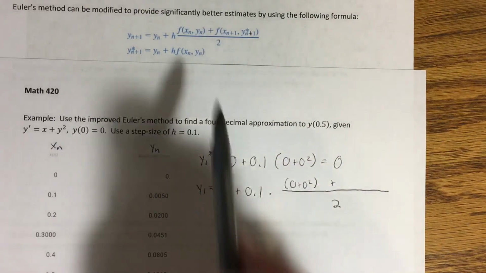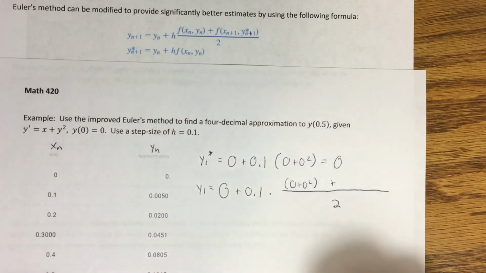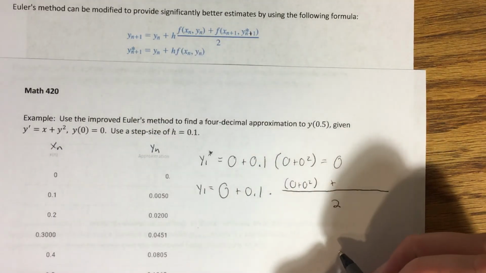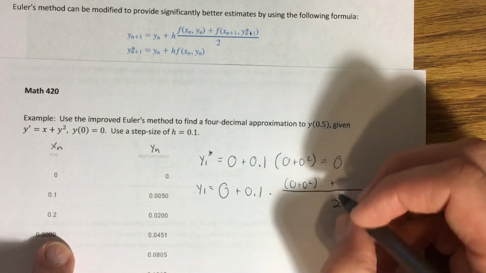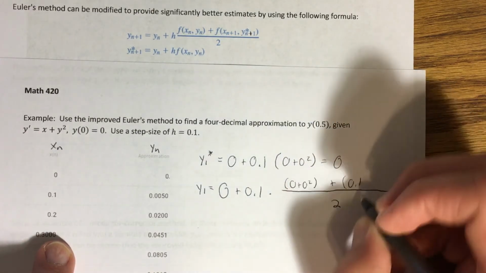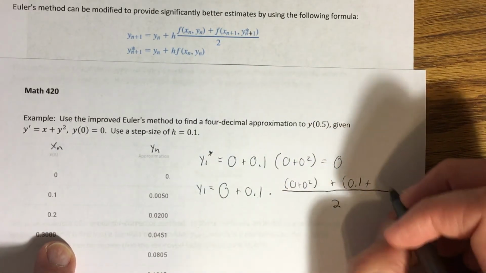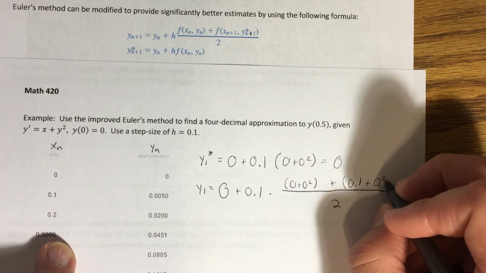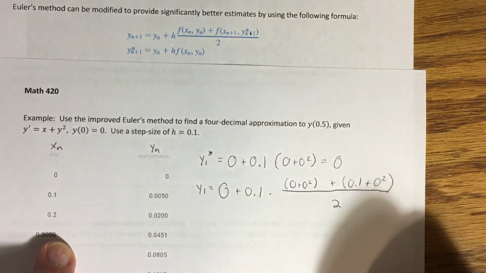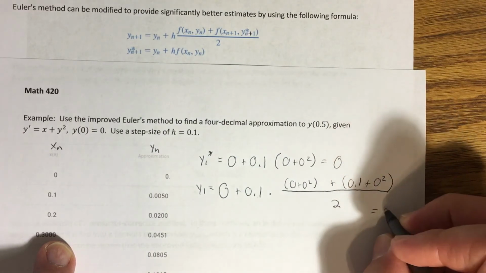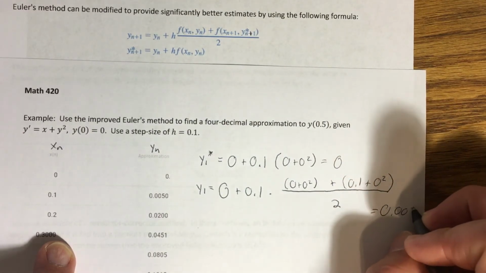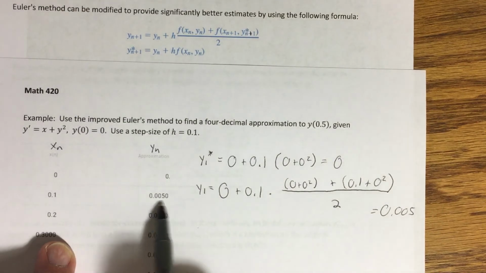That's, in our case, x1, y1 star. x1 comes from adding our step size to x0, which would be 0.1, plus y1 star, which is 0, squared, because remember that's what the function looks like. Okay, this is equal to 0.005, which is where this is coming from in our table.